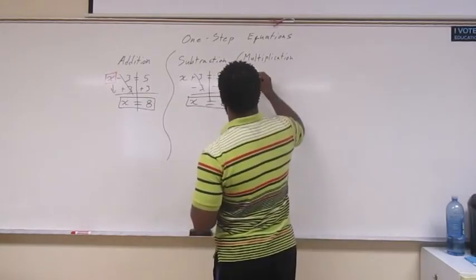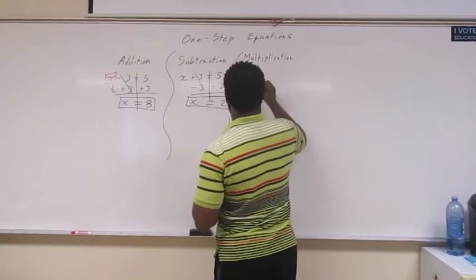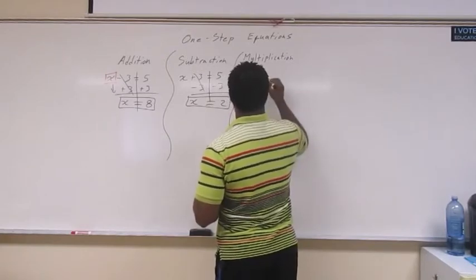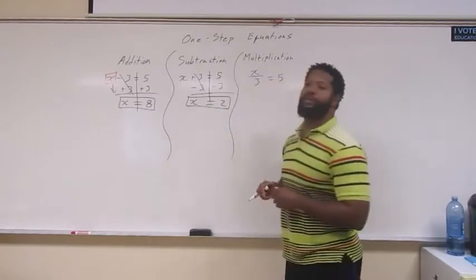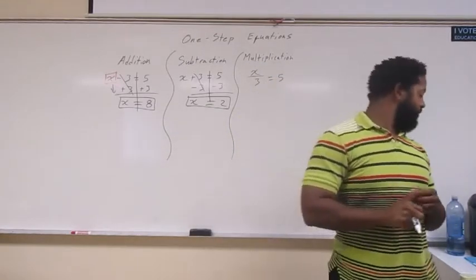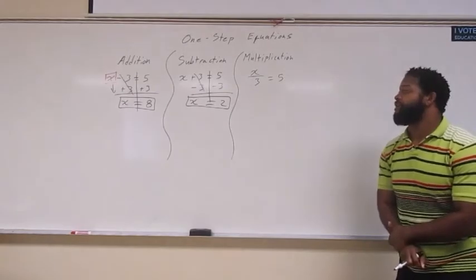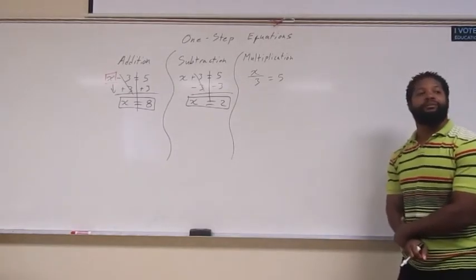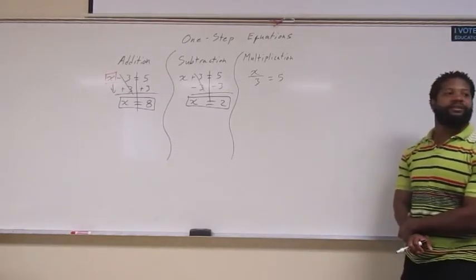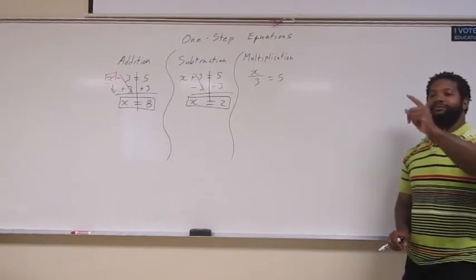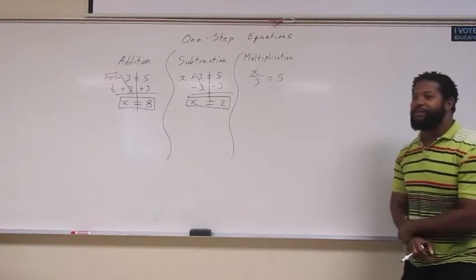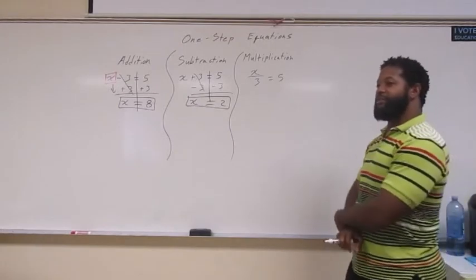Alright, so let's just say x over 3 is equal to 5. First things first about this: what is happening between the x and the 3?